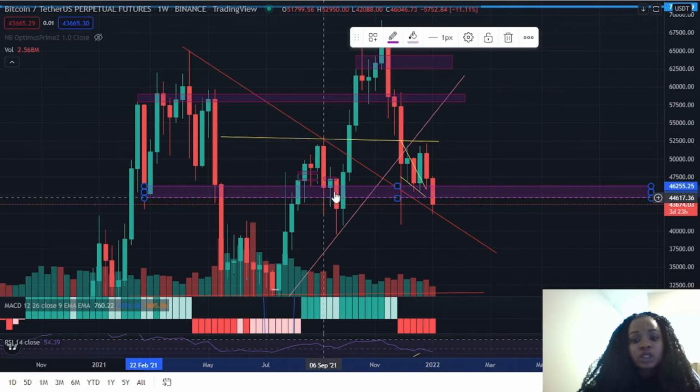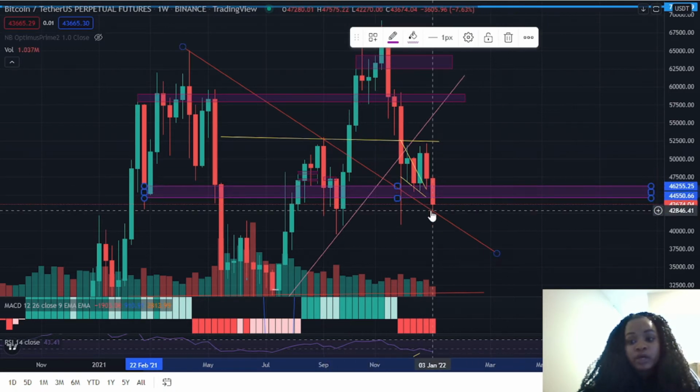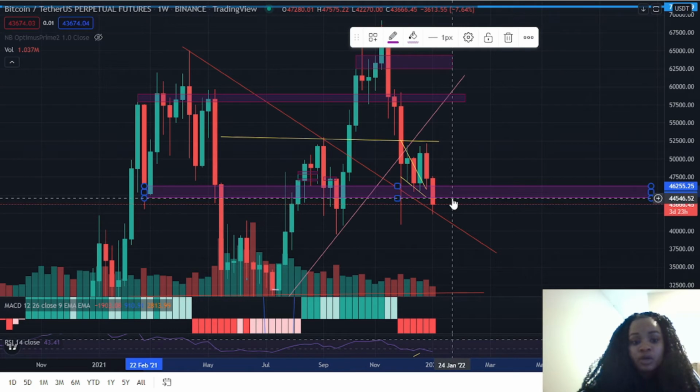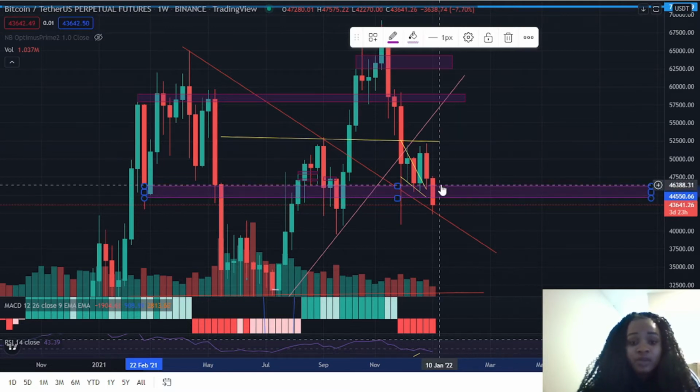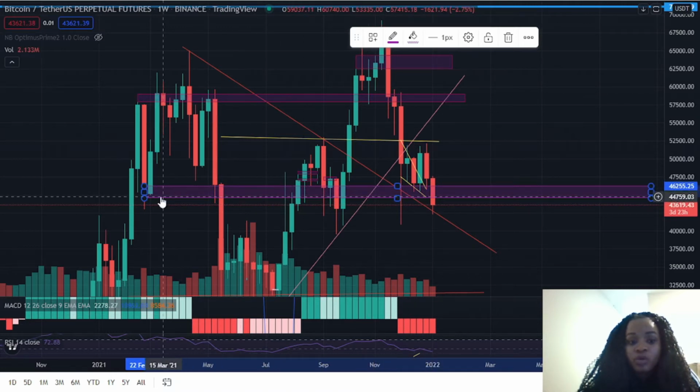This, to me, is the supported area. So that's basically the 44.5 to 45.6 level. So it's a zone. This is a supported zone that I drew here. So that's the support.